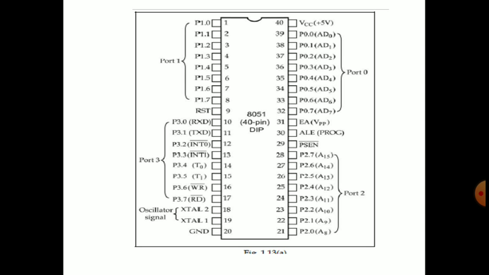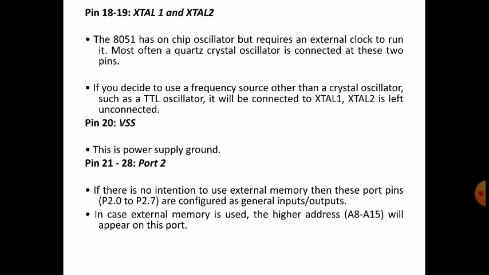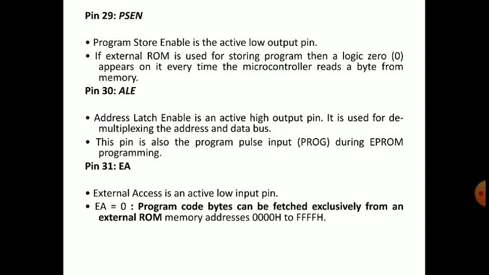In such a case, pins P2.0 to P2.7 can be used as normal IO pins only. In case external memory is used, the higher address will appear on this port. And pin 29, that is PSEN.